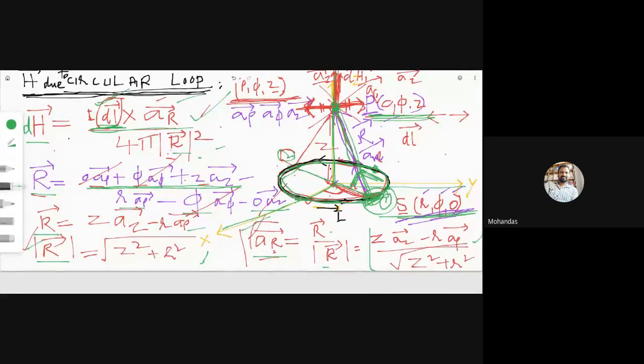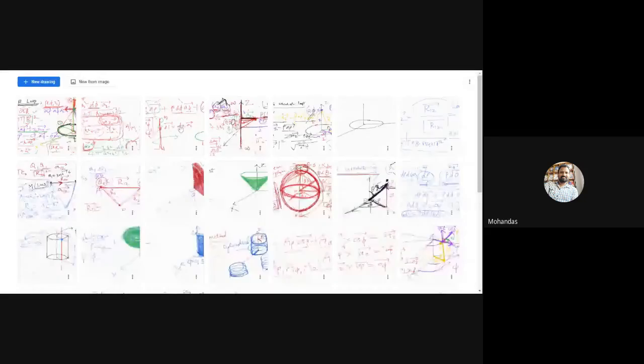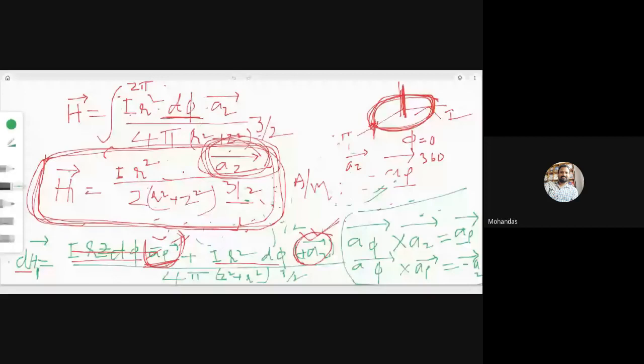And the magnitude means distance here. Distance is equal to under root z square plus r square. So I am opening that slide, what you discussed earlier. Yes, this is the one which you have substituted here.